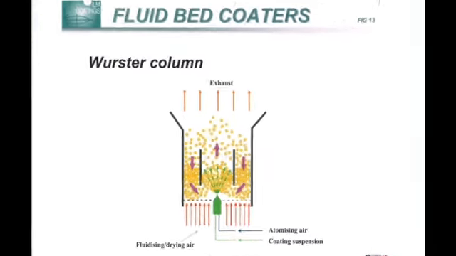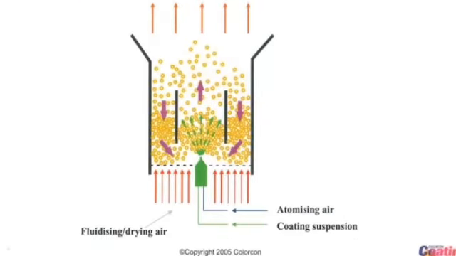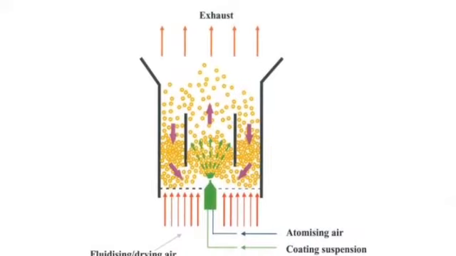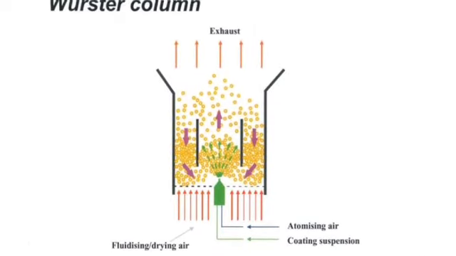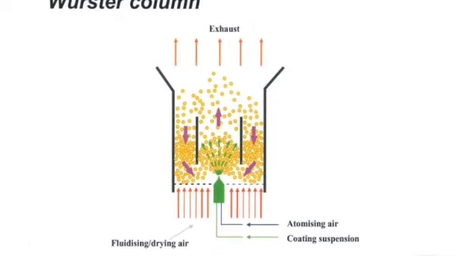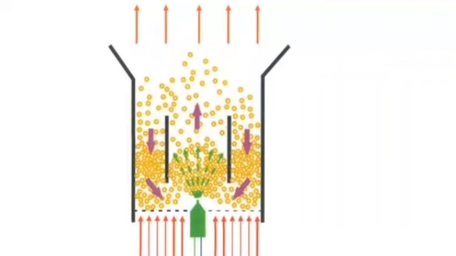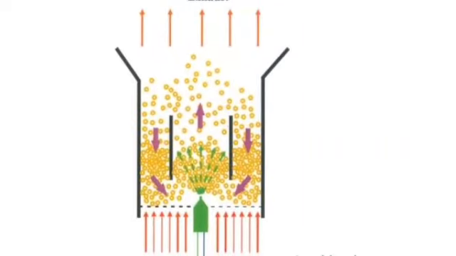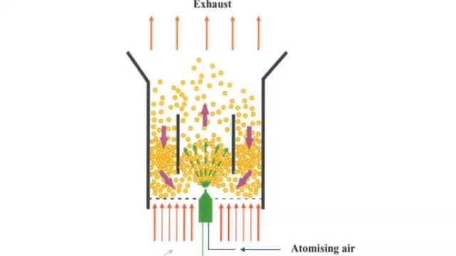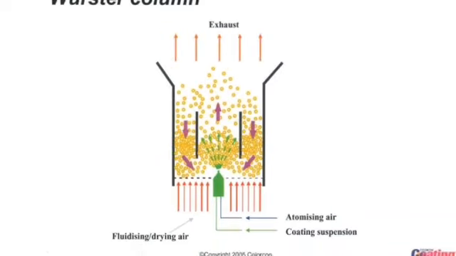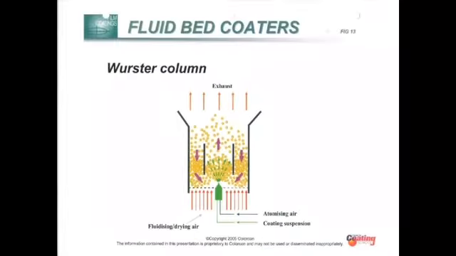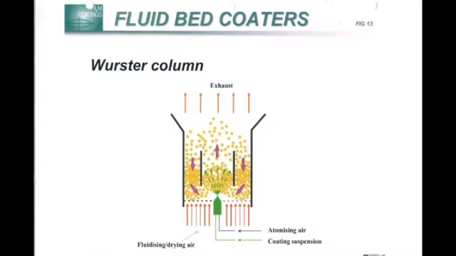This is a fluidized bed where the tablet bed is suspended in the air by the inlet air, and an atomizing system, the sprayer, applies the fine coating solution to the tablets as they drop down. This is a Wurster column system used as an FBD.